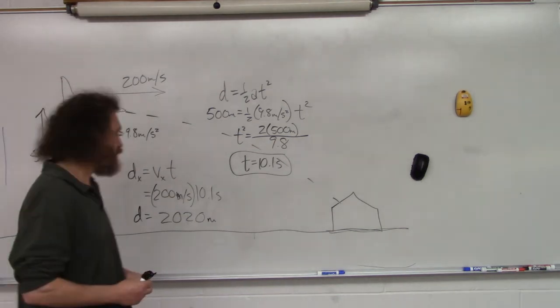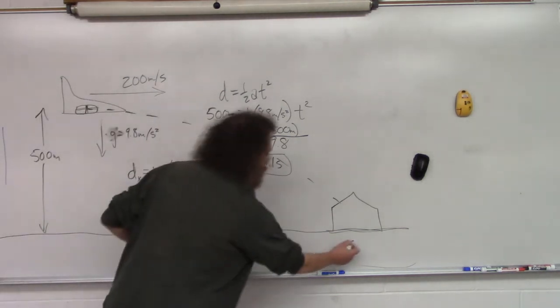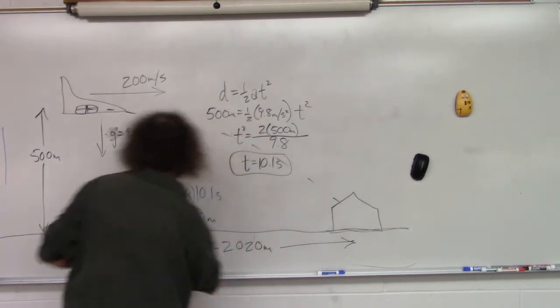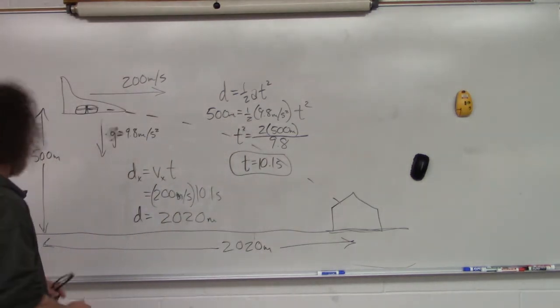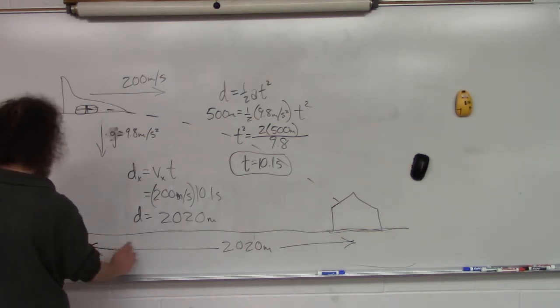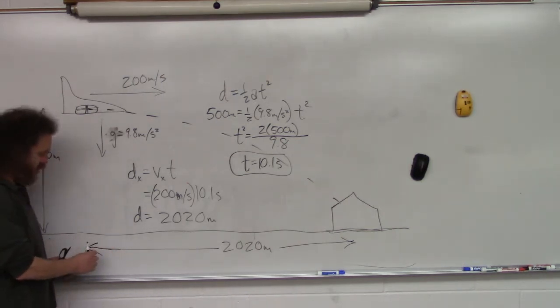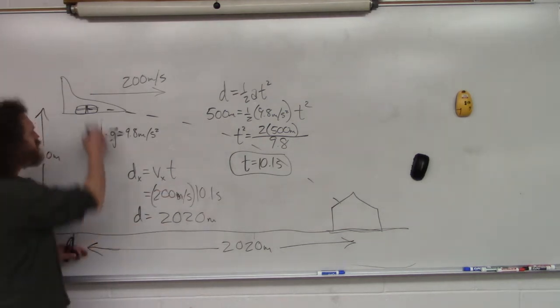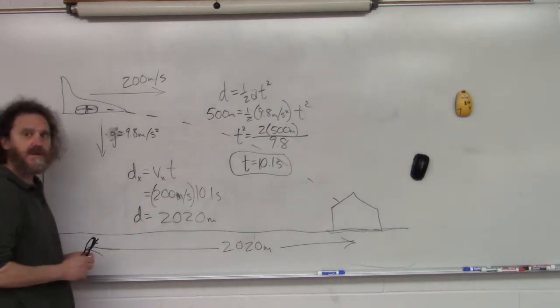So this is how far in front of the house he is when he lets go of the package: 2,020 meters.